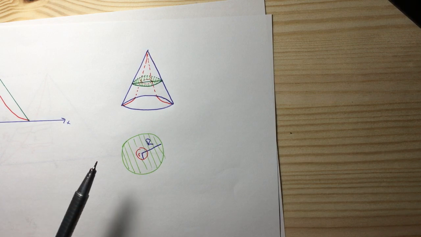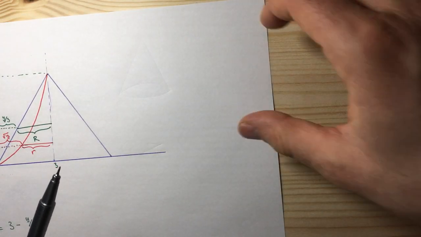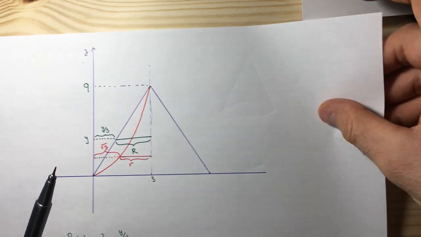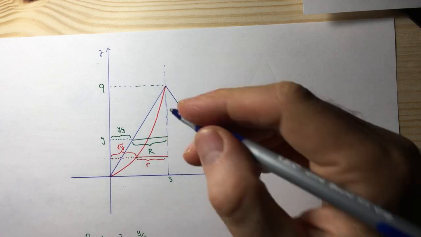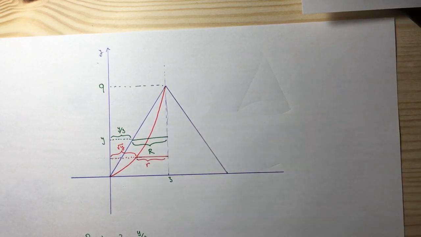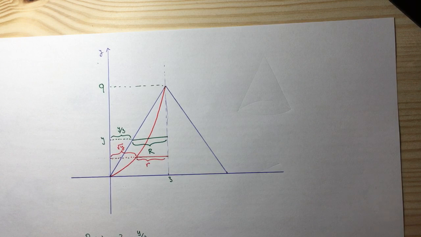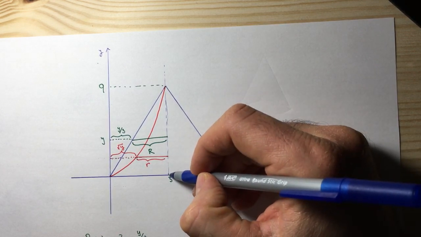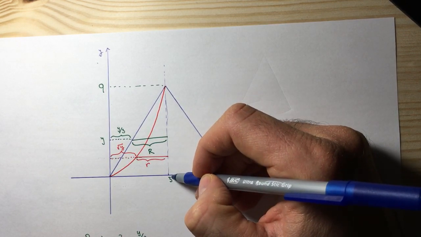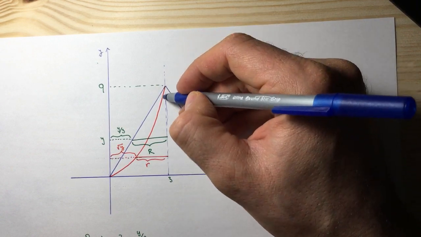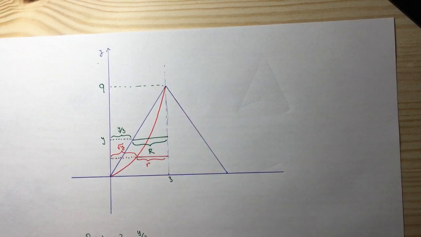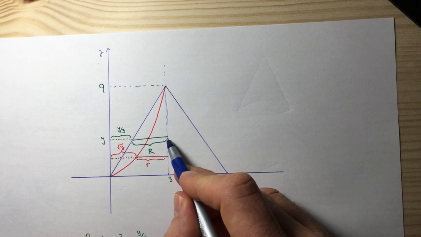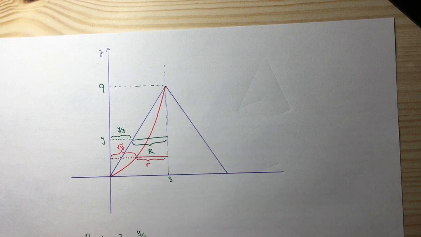Okay, in order to do that, I have the same region sketched again, and I need the axis of rotation and the bounded region. We will measure the radius always from the axis of rotation to the bounded region.